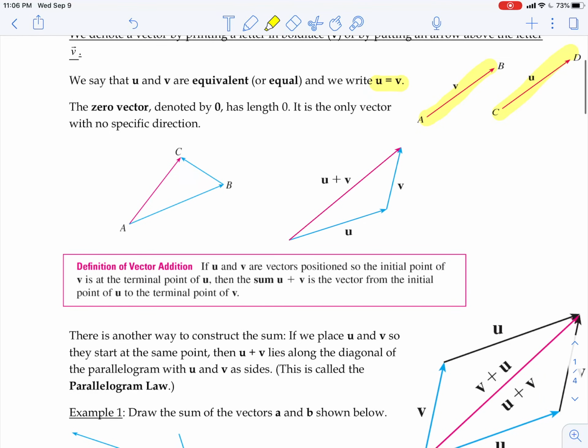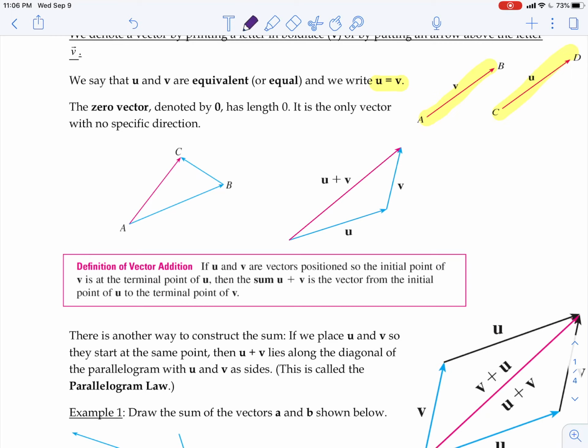When we are adding vectors, what we're going to do is, if we have two vectors, say vector u and vector v, positioned so that the initial point of v is the terminal point of u, then we can do the sum of u plus v, and that is the vector from the initial point of u to the terminal point of v.